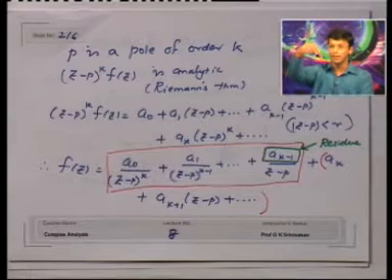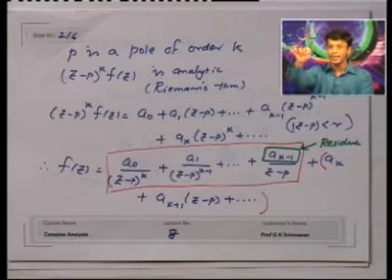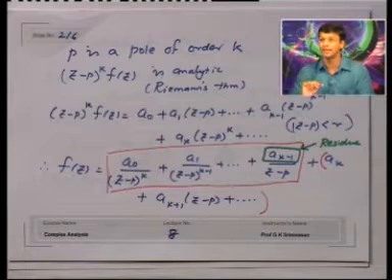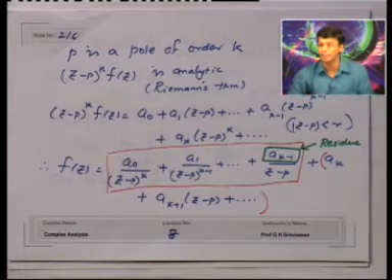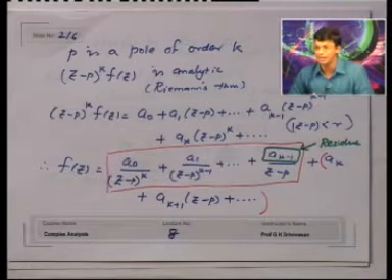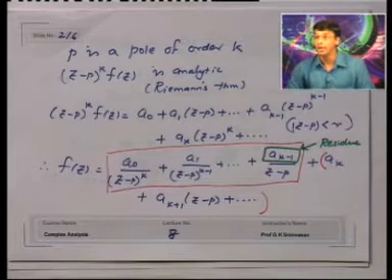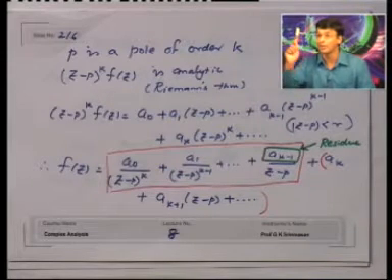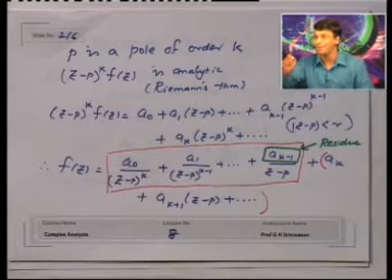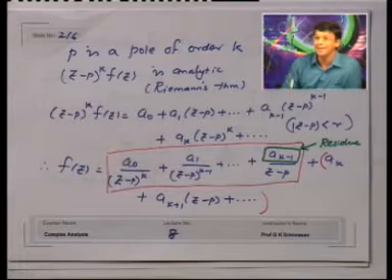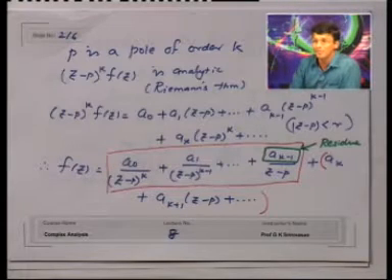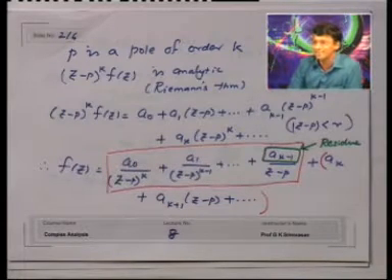The integral over a circle of z to the power m dz. When you integrate z to the power m dz over a circle centered at the origin, what do you get? 0 if m is not equal to minus 1, and 2 pi i when m equals minus 1.